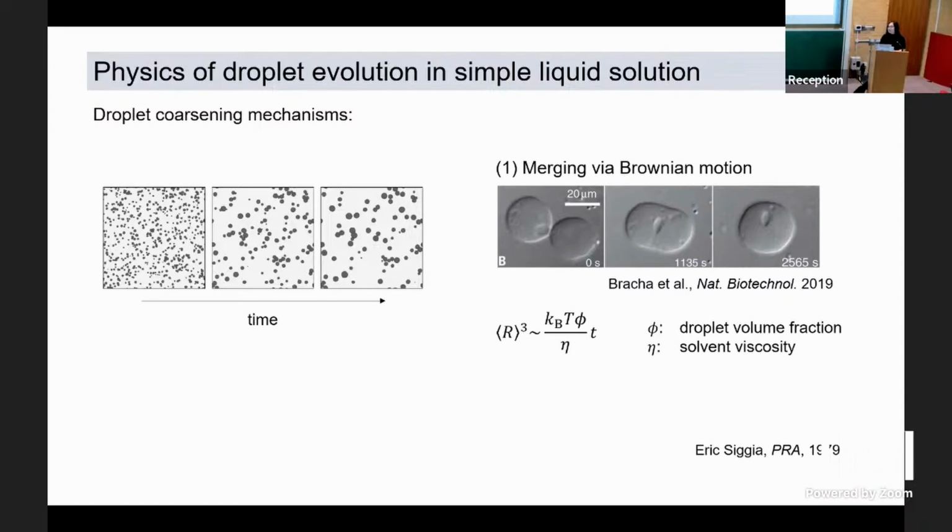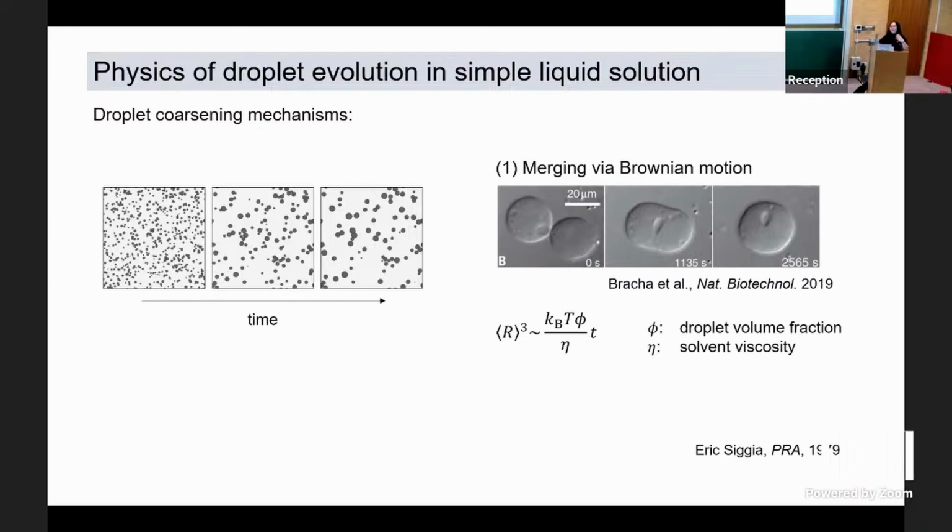Theoretically, we can in fact write down equations to describe the size of the droplet as a function of time. So the first thing to note is that the cube of the mean droplet size increases linearly with time, right? This is a linear relationship. And the second thing is the prefactor, right?